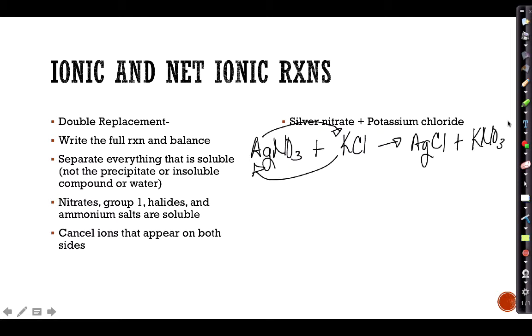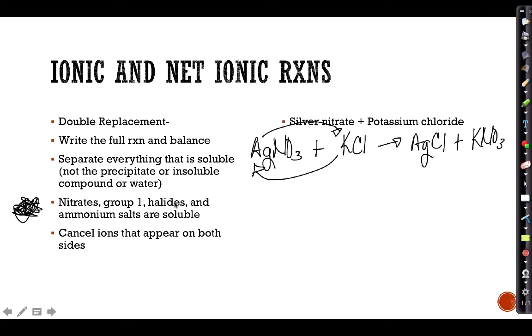All right, so now we need to decide if we're making a precipitate. So you need to know this rule. This is the only thing that College Board expects you to know at this point. Anything combined with nitrate is soluble. Anything combined with group 1 is soluble. So if it's potassium something, sodium something, those compounds will be soluble.